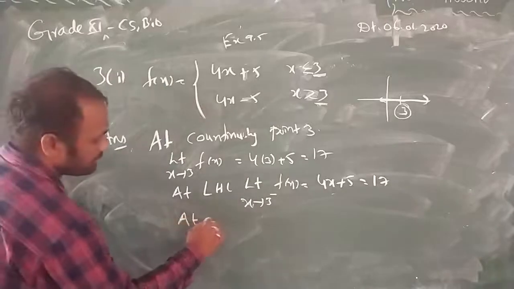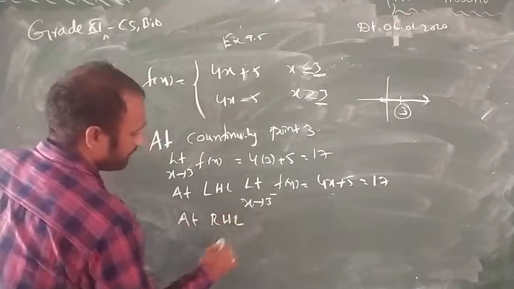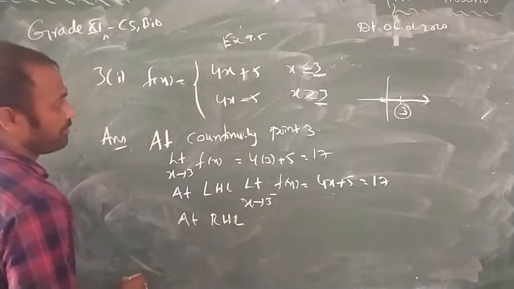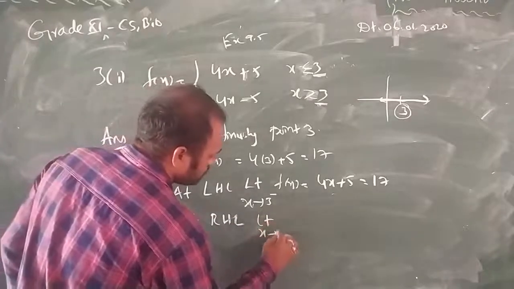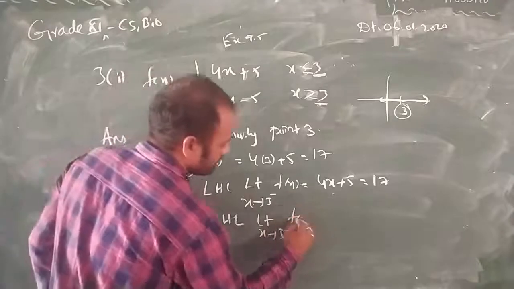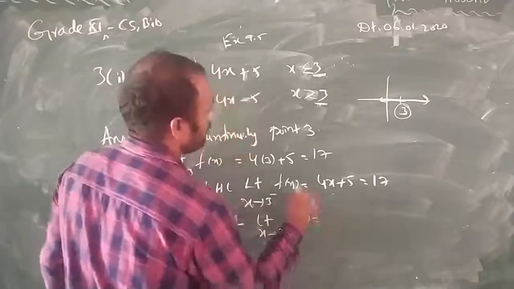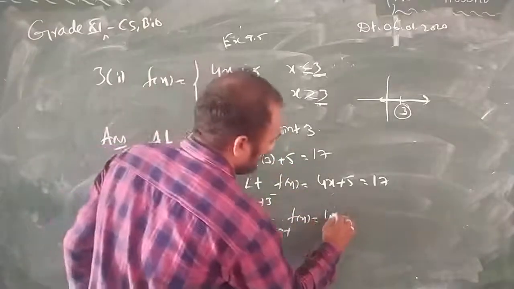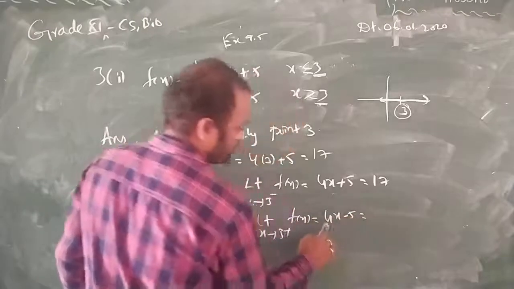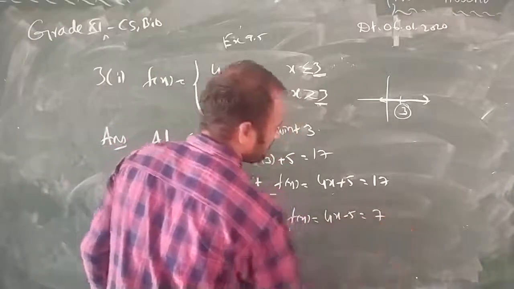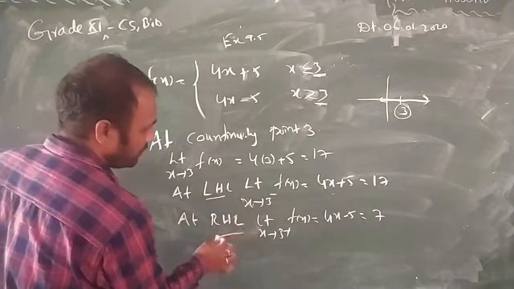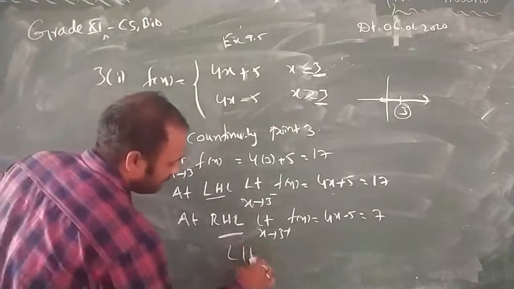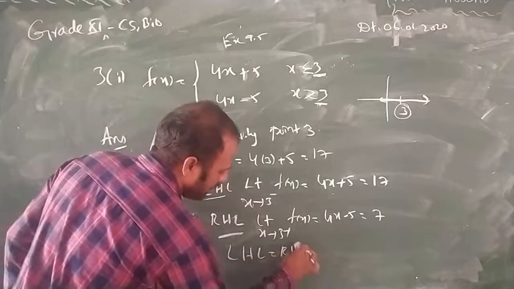At right hand limit, x tends to 3 plus, so more than 3, the function value is 4x minus 5. So 4 times 3 is 12, 12 minus 5 is 7. Here if you observe, left hand limit is not equal to right hand limit.